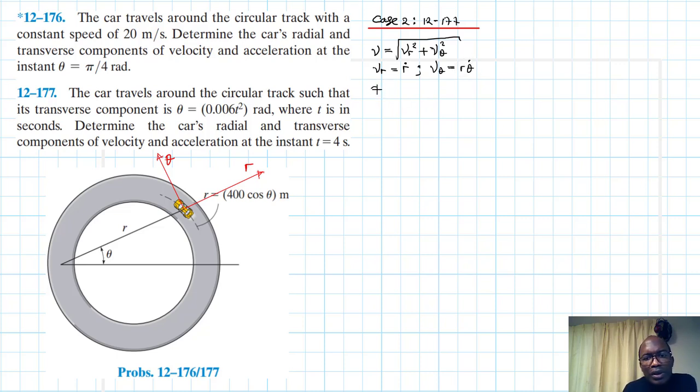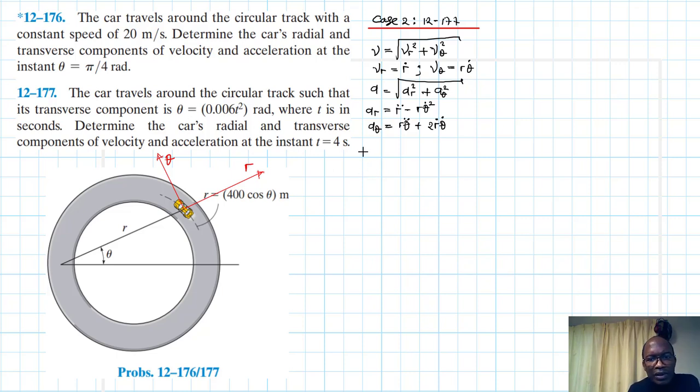And our acceleration is equal to the square root of ar squared plus a theta squared, where ar is equal to r double dot minus r theta dot squared, and a theta is equal to r theta double dot plus 2 r dot theta dot. So these are the equations.